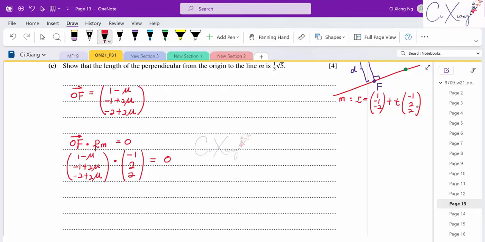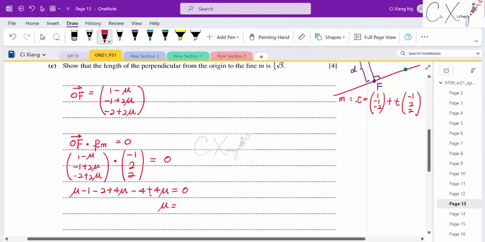When I apply the dot product for these two vectors, I have mu minus 1, then minus 2 plus 4 mu, then minus 4 plus 4 mu equals to 0. From here, if you simplify the equation, you'll get the value for mu, which is actually 7 over 9.